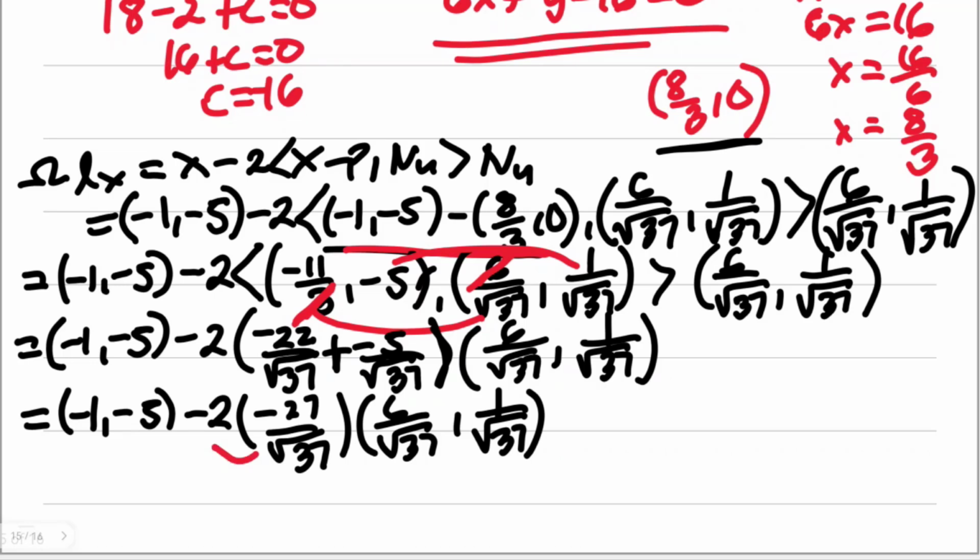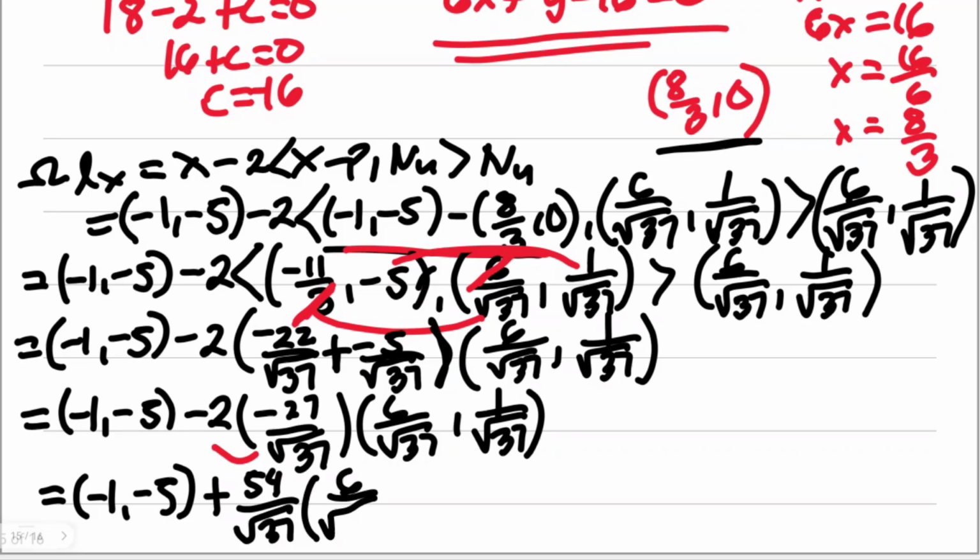So you will have -1, -5, that's plus 54 if I'm correct, 2 times 27, over square root of 37 times the unit normal vector. At this time, you would see that our denominators would then be simplified because both denominators have square root of 37. Allow me to extend here.